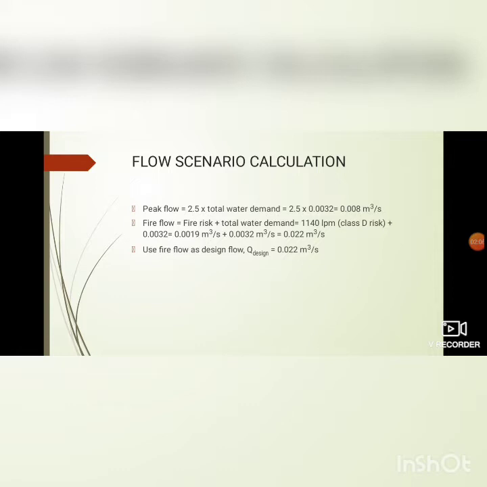Assume that the fire risk is a class D risk, equal to 1,140 liter per minute, plus total water demand, which is equal to 0.022 meter cube per second. Therefore, use fire flow as design flow, equal to 0.022 meter cube per second.